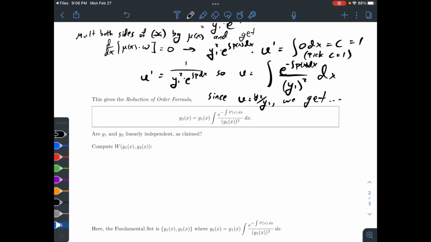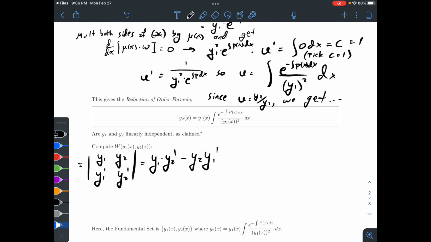So y1 and y2 do end up being linearly independent as claimed. You can check this by computing the Wronskian. It's equal to, remember, the determinant of y1 and y2, y1 prime, y2 prime, which would be y1 times y2 prime minus y2 times y1 prime. So what is y2 prime?